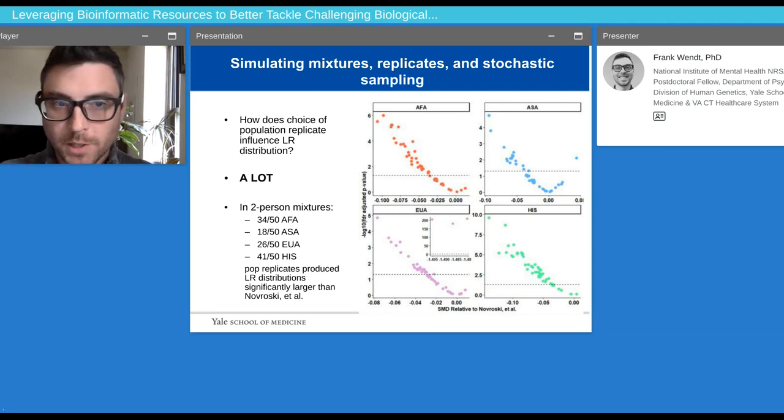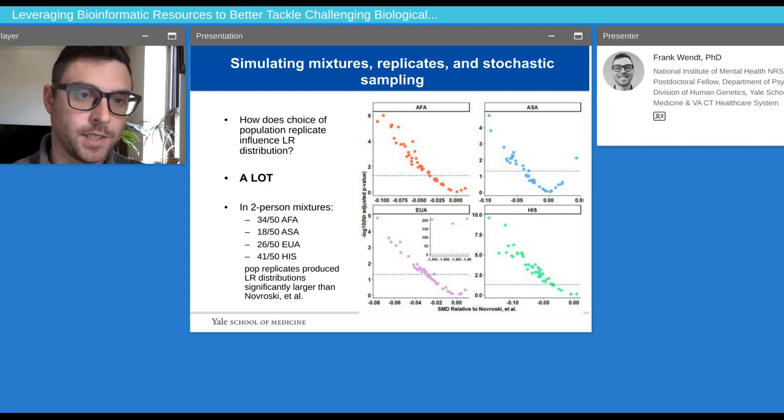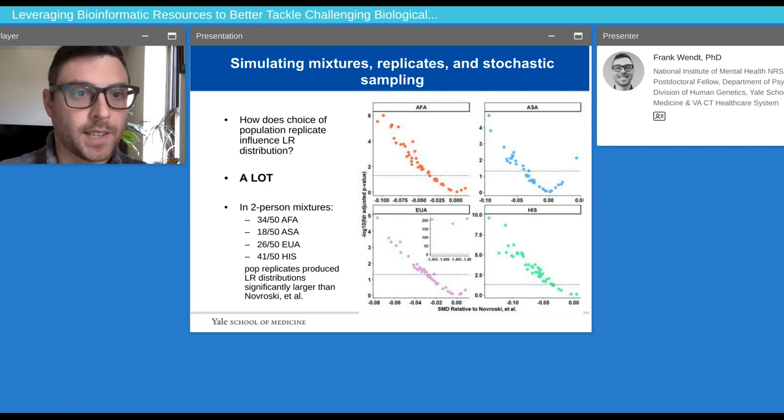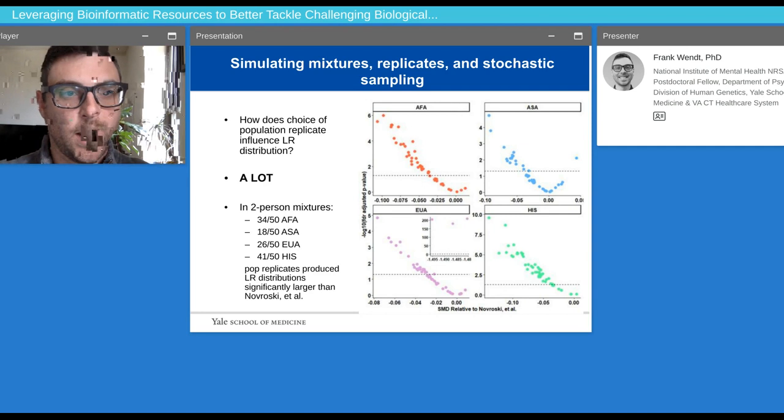I do also want to point out here that in the EUA facet, that's the European Americans, we see three populations that we simulated that actually had extremely large effect sizes, or standardized mean differences, sorry, and extremely significant p-values. So all of these negative data points on the x-axis indicate that our simulated populations produced larger log 10 likelihood ratios.